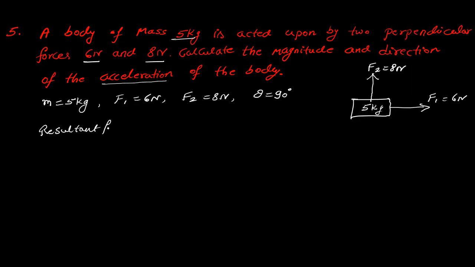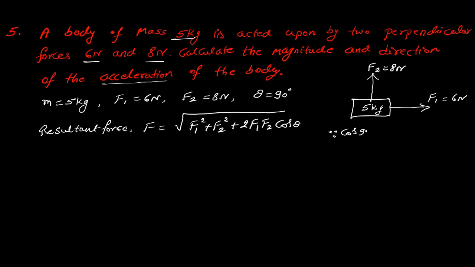The resultant force F is equal to the square root of F1 squared plus F2 squared plus 2 F1 F2 cos theta. This is the formula to find the resultant. Since cos 90 is 0.